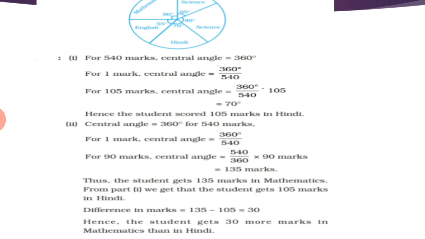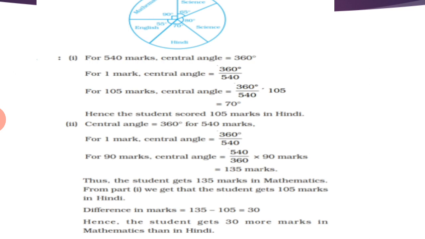For 1 mark, central angle is 360 degree by 540. Then it should be 540 by 360 into 90 degree, not 90 marks, because we are finding out the marks after doing the degree.